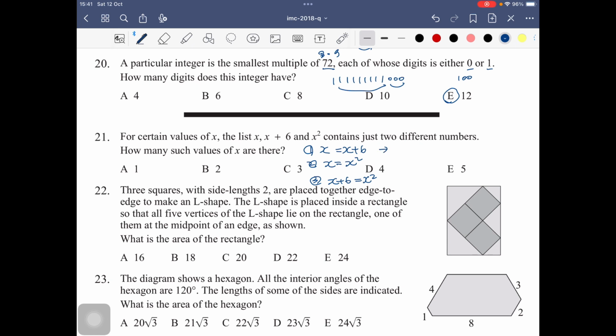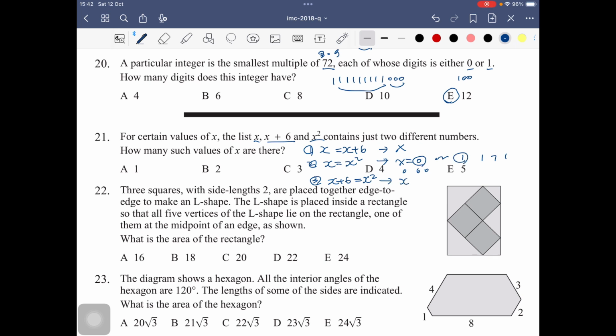So in the first case, it cannot be true. In the second case, x could be 0 or 1. So if it is 0, this is 0, 6, 0, makes sense. 1, 7, 1 makes sense. So 0 and 1 can be answers.